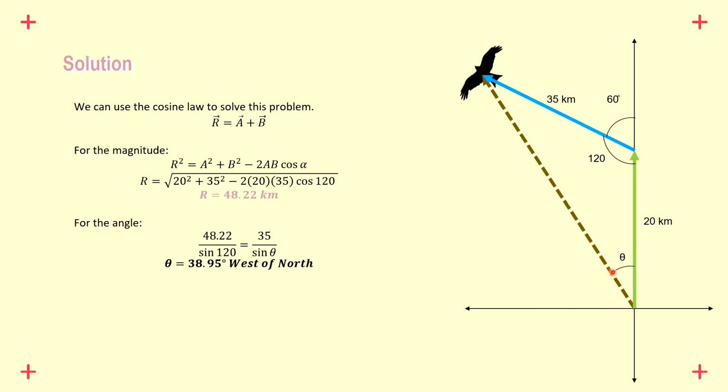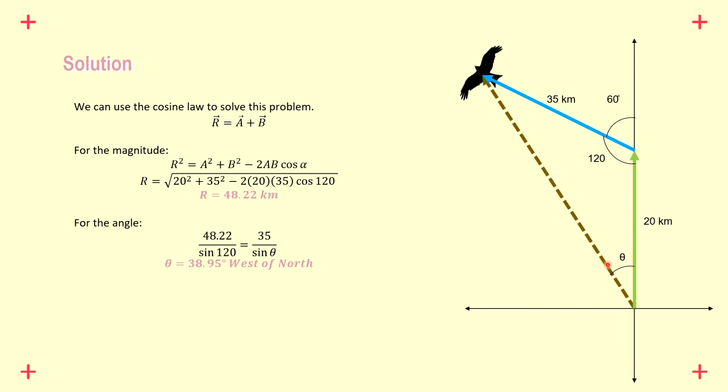So 48.22, which is our resultant, over sine 120 is equal to 35 over sine theta. Our result is 38.95 degrees west of north. That means from the north axis, we are going to measure 38.95 degrees going west.